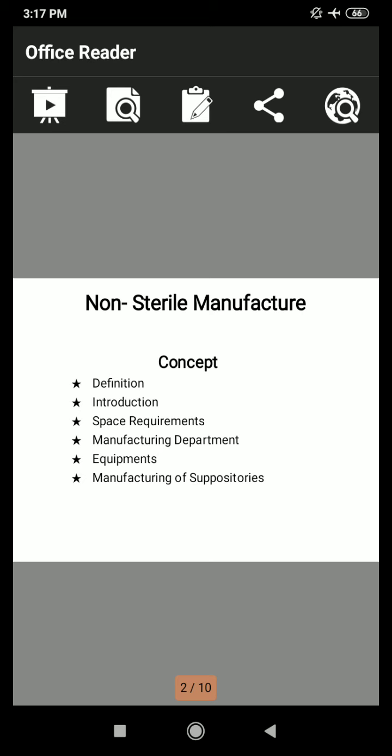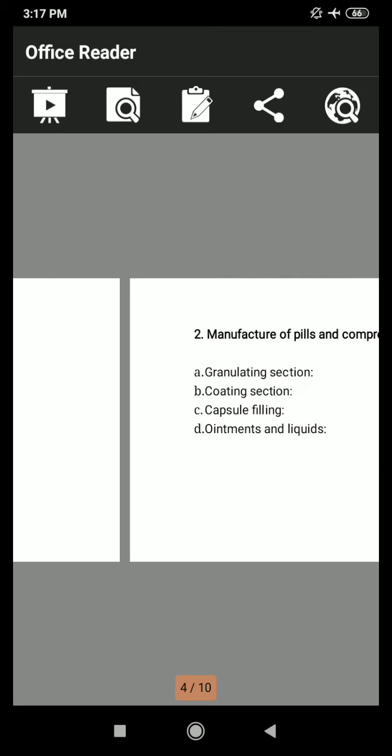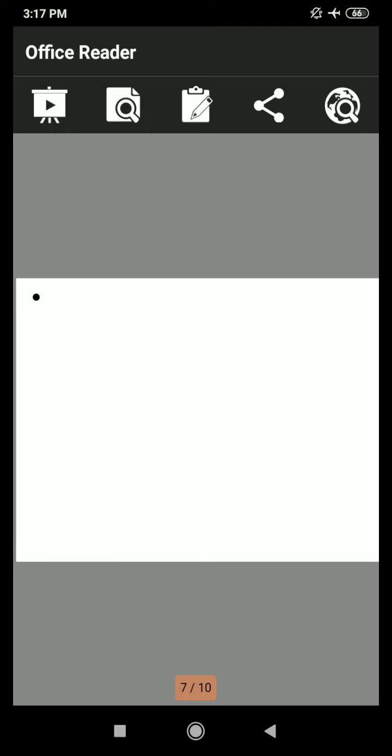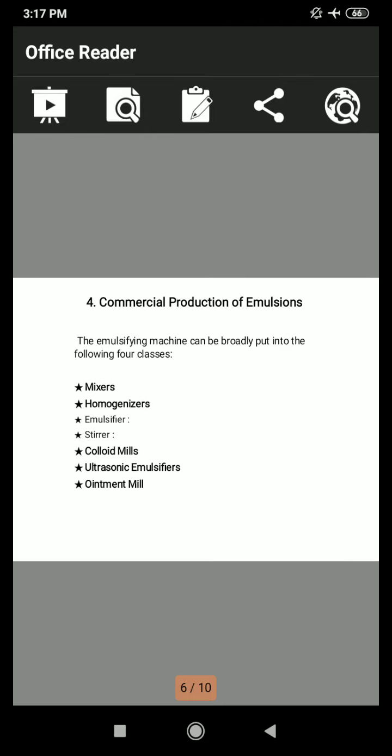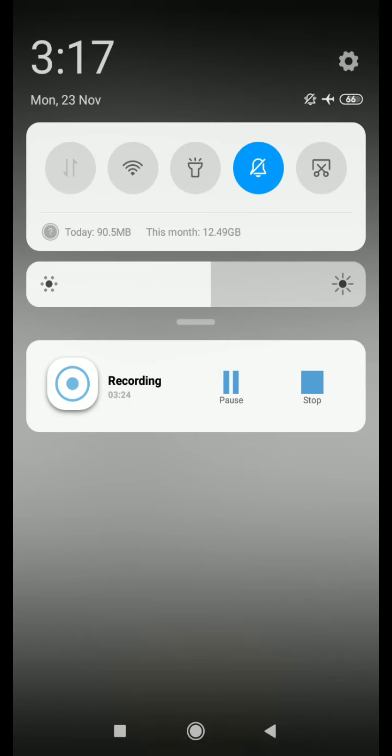Now see the ultrasonic emulsifier. In this equipment, a powerful stream of liquid is forced through a jet.